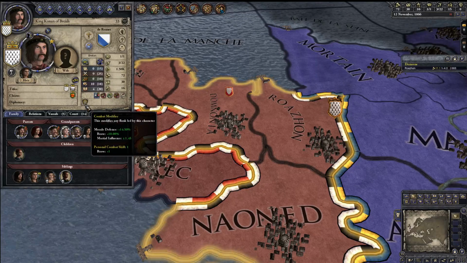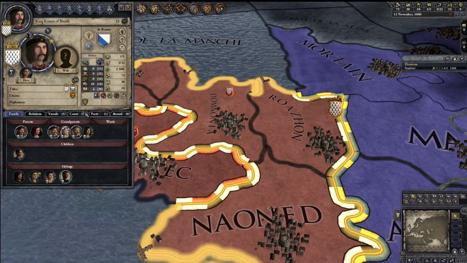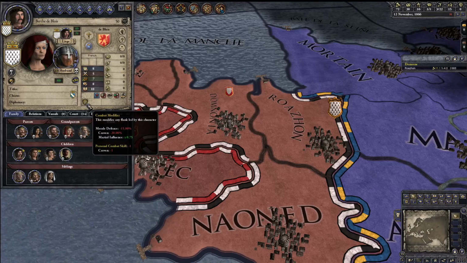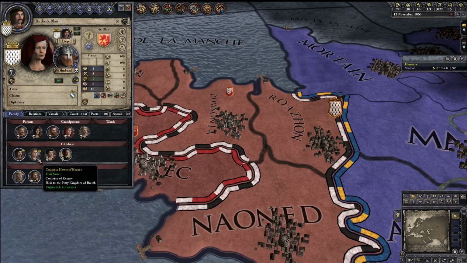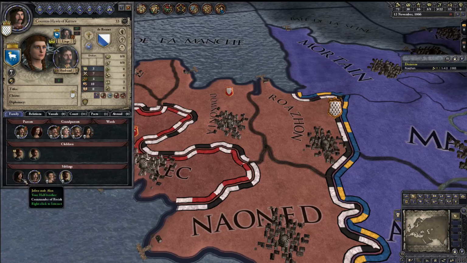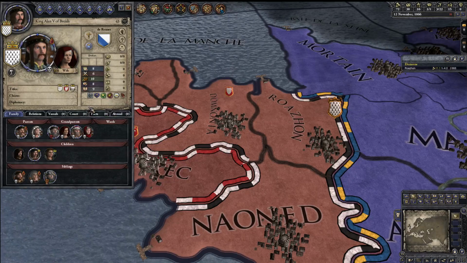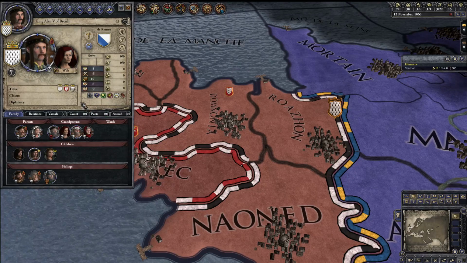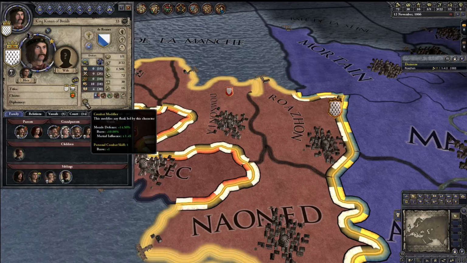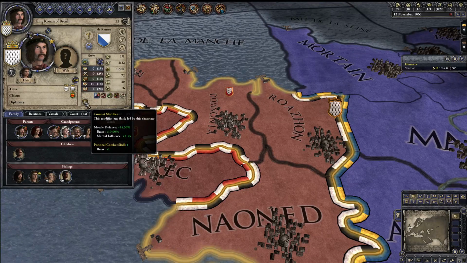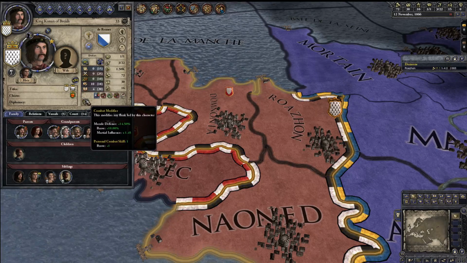Alright, but let's come on down. And we can go to, this is our combat modifier. Not every character has this shield. She does because she has something that modifies it, but some people don't. Where's someone who doesn't? I'm not sure. Well, there's our dead father, he doesn't, you'd see he has no shield. These tell you if you have any positive or negative modifiers. This has to do with you leading troops.